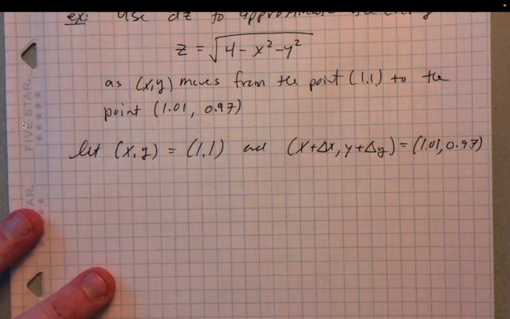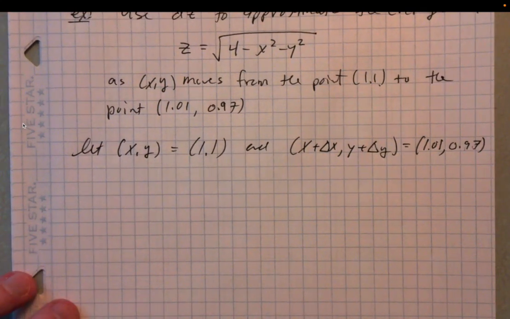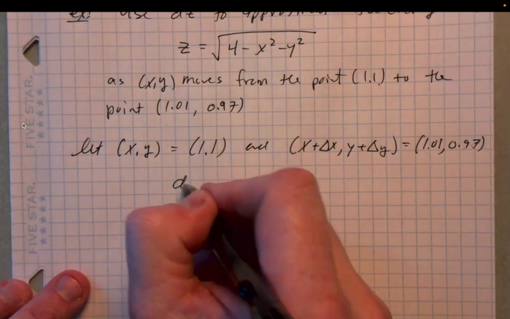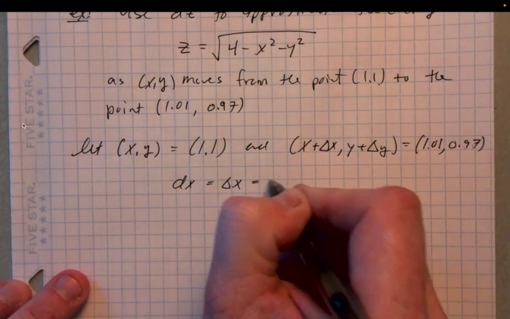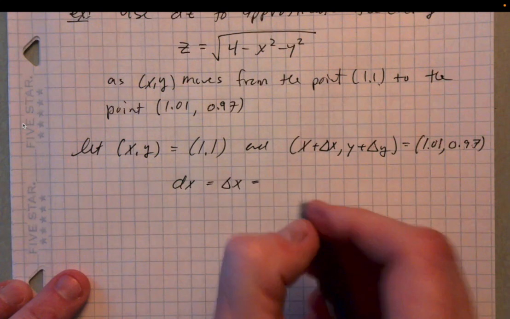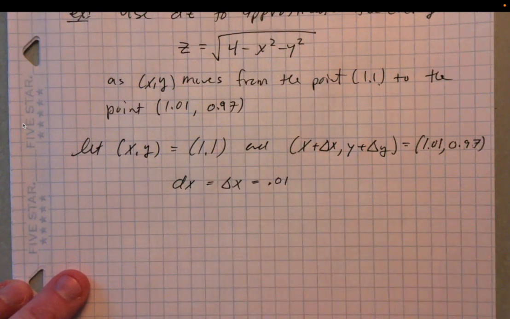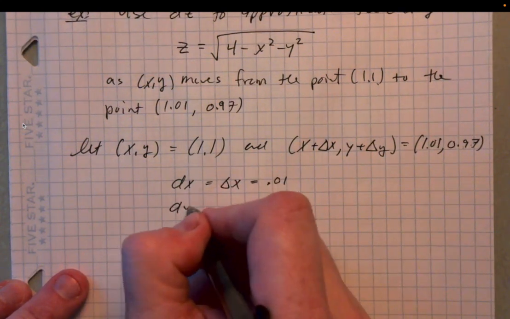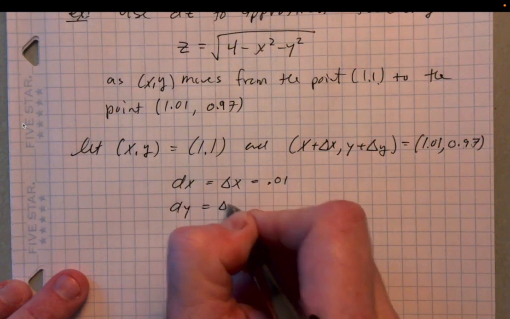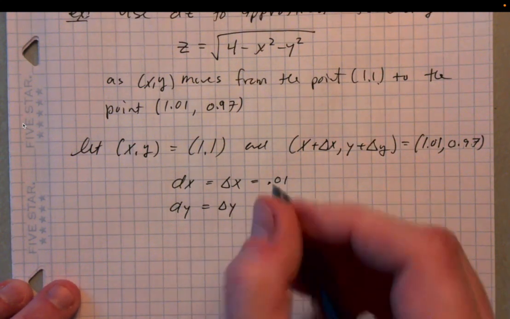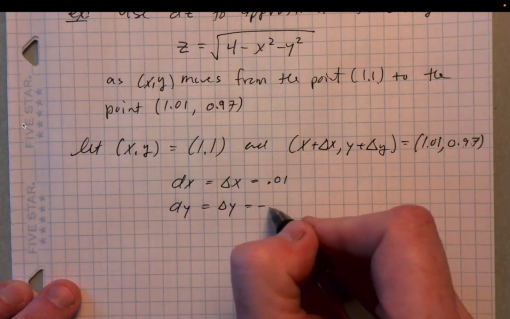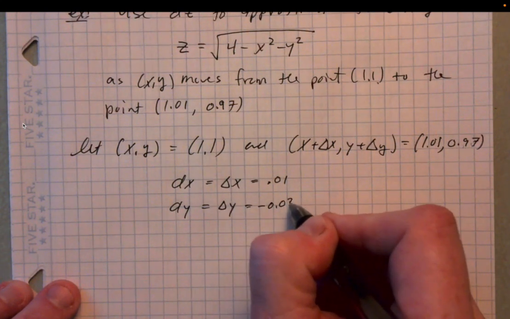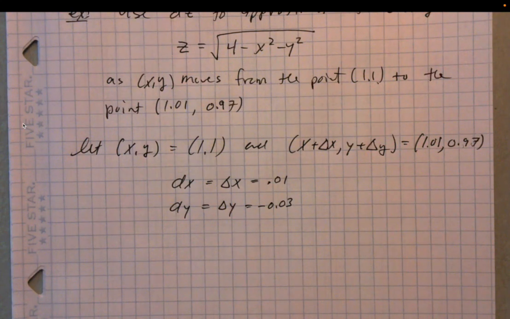We can plug these into the expressions we previously talked through. dx, which is our delta x, is 1.01 minus 1, so 0.01. And dy, our y increment, is 0.97 minus 1, which is negative 0.03. So we have these small increments.